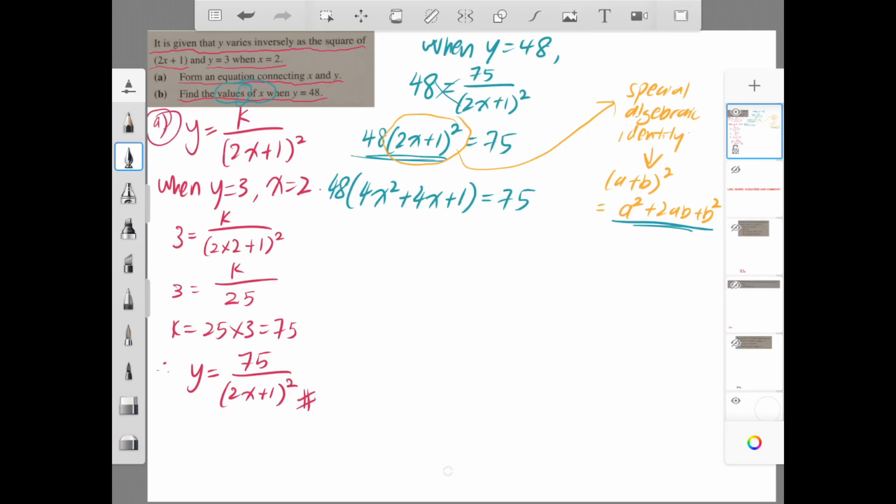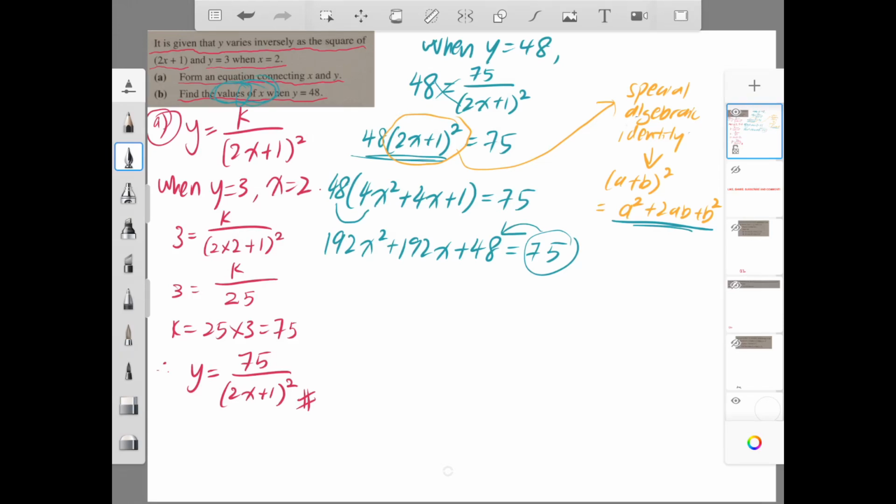So let us expand, times the 48 into the algebraic expression. This gives us 192x square plus 192x plus 48 equals 75. Right, so we bring 75 over to form a quadratic equation.